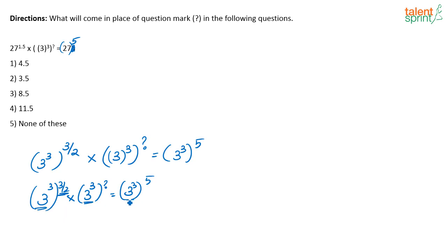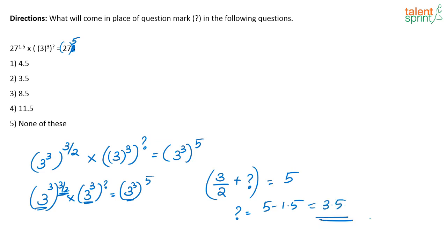Everywhere it is 3 cube, so directly you can say 3 by 2 plus question mark, just adding the powers, is equal to 5. What will come in the place of question mark? 5 minus 3 by 2 is 1.5, either take it as 1.5 or 3 by 2. The answer will be 3.5.